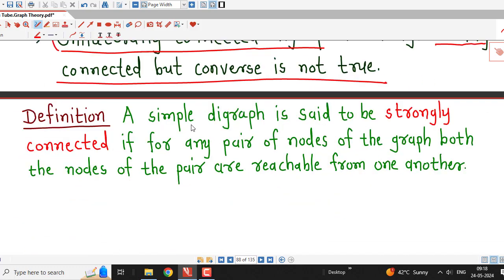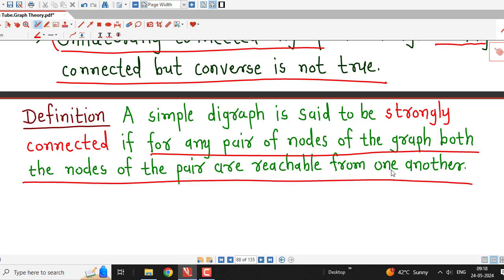And if for any pair of nodes of the graph, both the nodes of the pair are reachable from one another, then a simple digraph is said to be strongly connected.